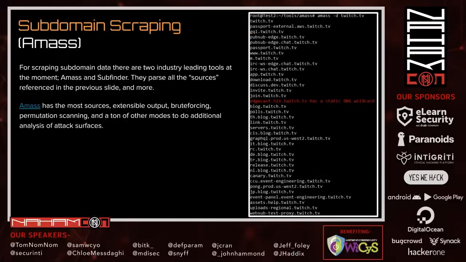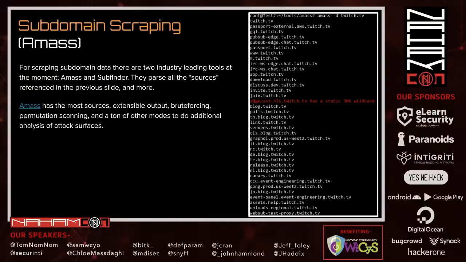So Amass, and we just got out of an awesome workshop with Jeff and his team about Amass, is pretty much the one I use for a lot of stuff inside of my recon workflow. For subdomain scraping, there are two front runners, Amass and Subfinder, and I use them both because they parse a lot of the same sites, but they also have a couple of variances in what they can do.